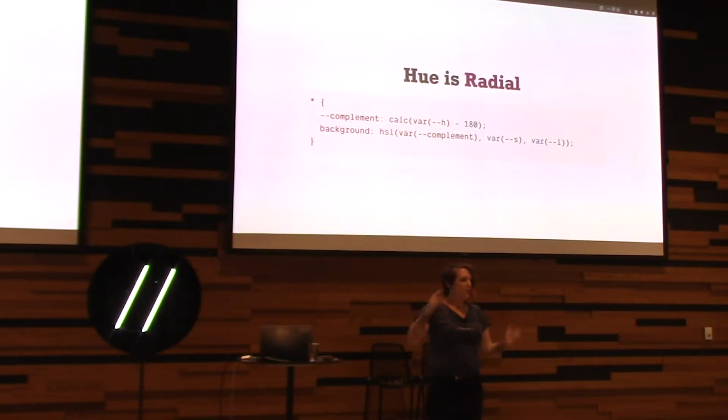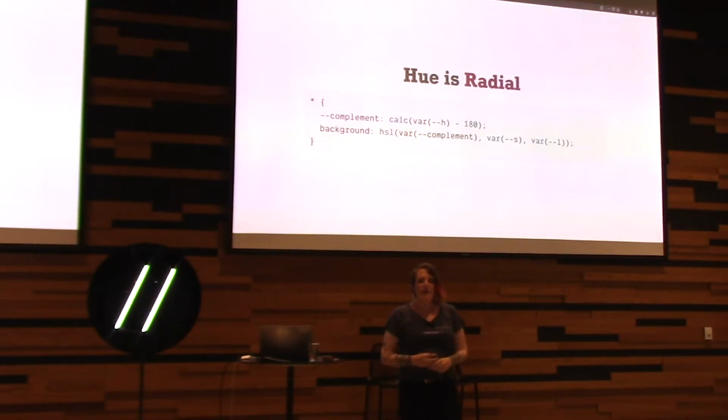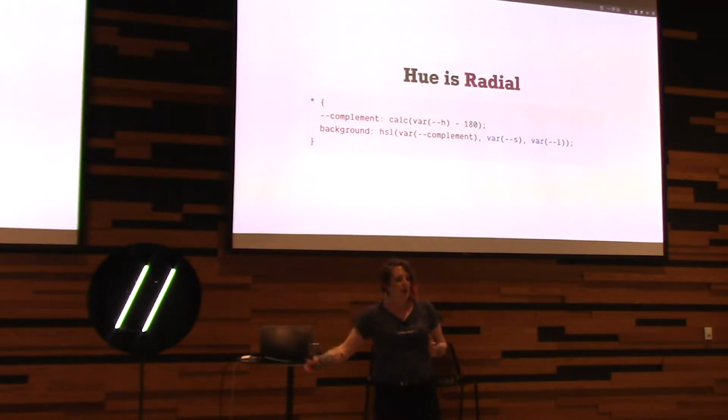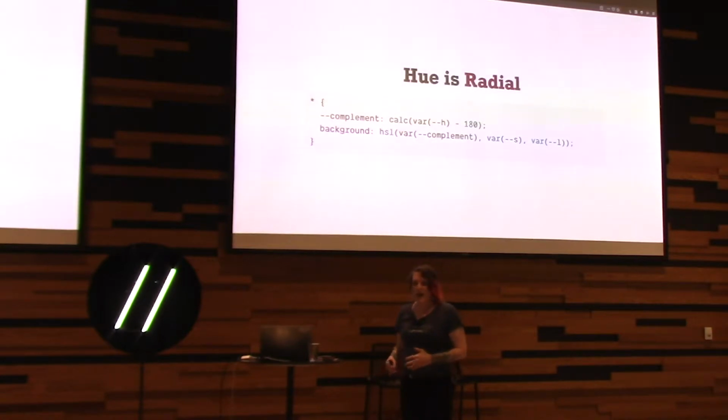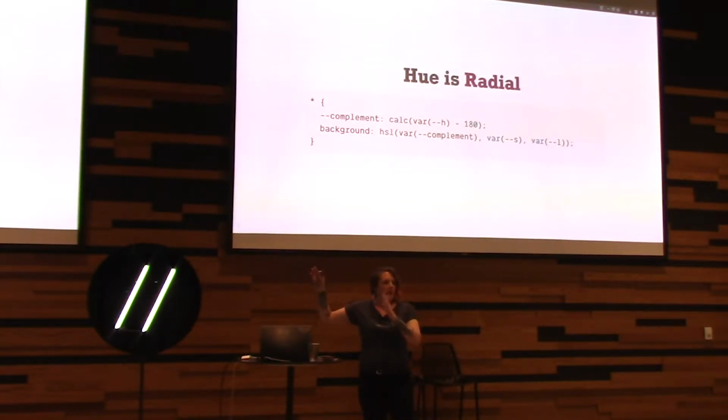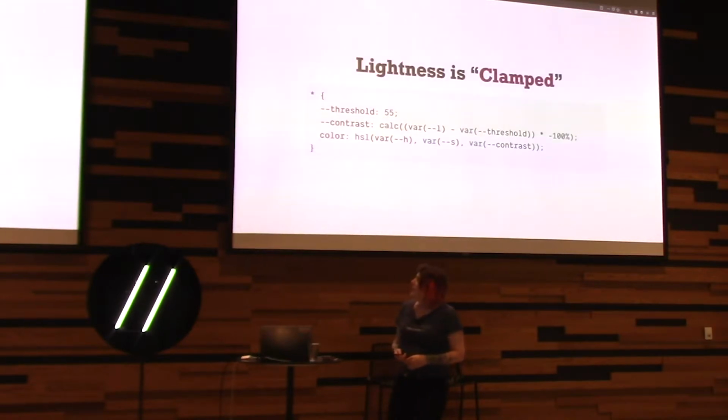Hue is radial, so it doesn't matter what direction we go if we're going 180. And it doesn't matter how close we are to the edge, it will just keep going. So we can also figure out triads by subtracting or adding various numbers. And then we can get our complement color to our base color.